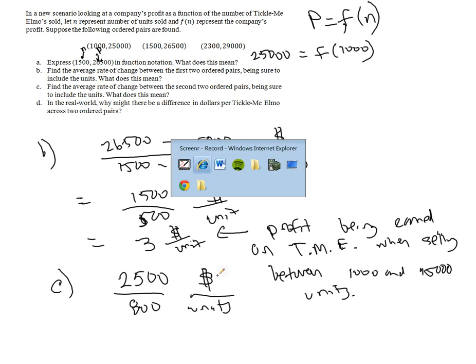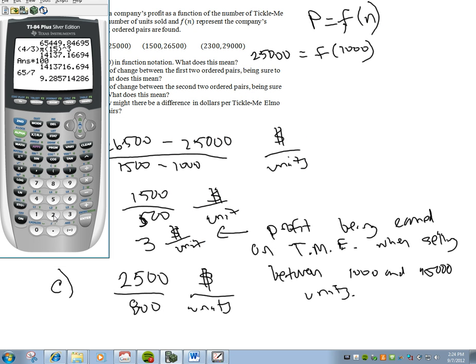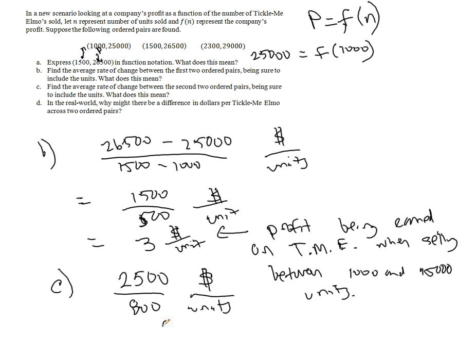And to find out what that comes out to precisely, we can do 2,500 divided by 800, which comes out to about 3.125, or $3.13 per unit. So same idea, except now if you sell between this many and this many, your profit per unit is a little bit bigger, by 13 cents.